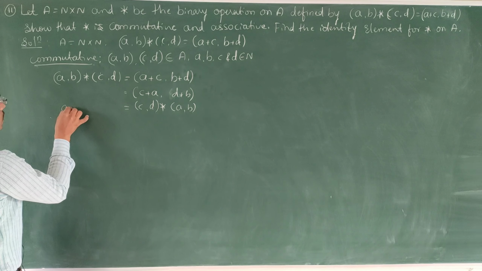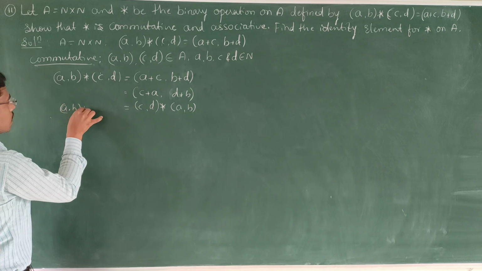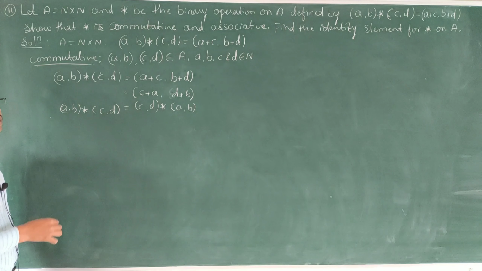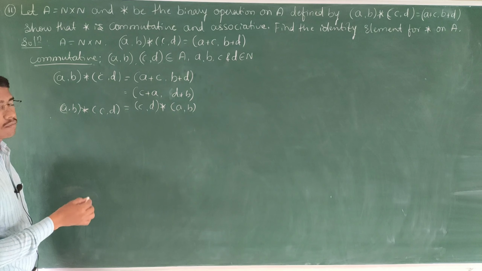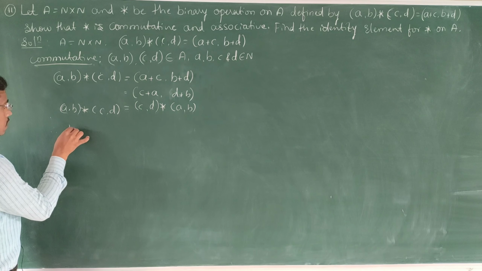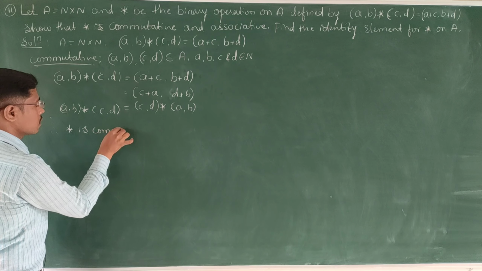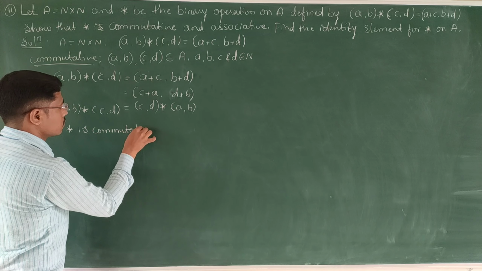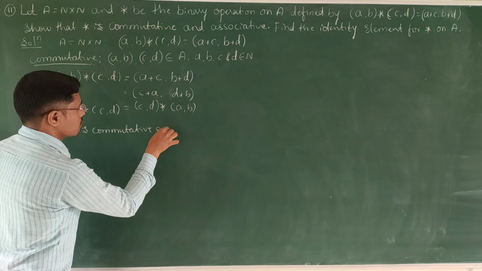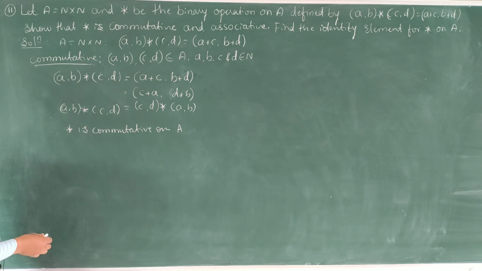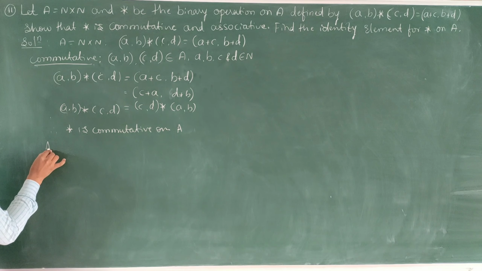So (a, b) star (c, d) is equal to (c, d) star (a, b). Therefore star is commutative on A. Okay, let us see associative.